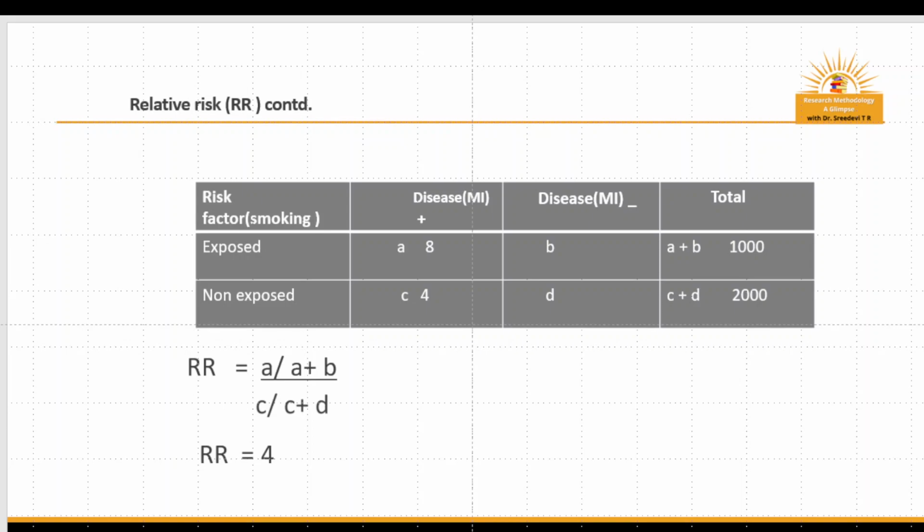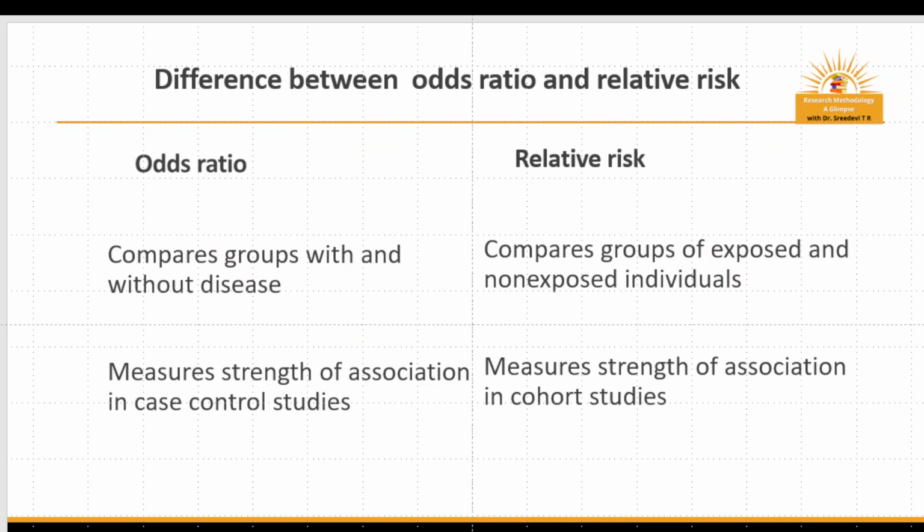Now we will see major differences between odds ratio and relative risk. Odds ratio compares groups with and without disease. For example, a group with lung cancer, another group of healthy individuals. Both have exposure and non-exposure to risk factor, smoking.